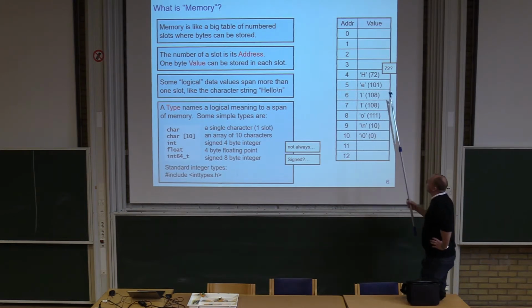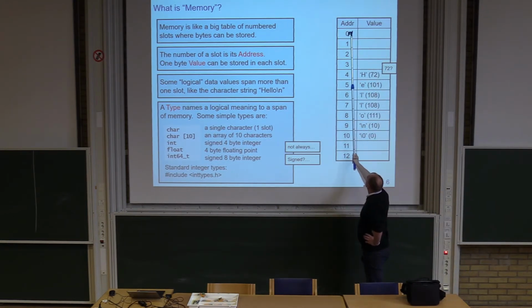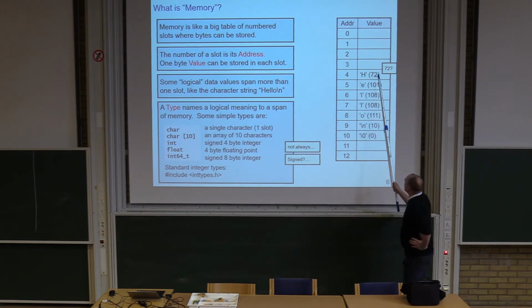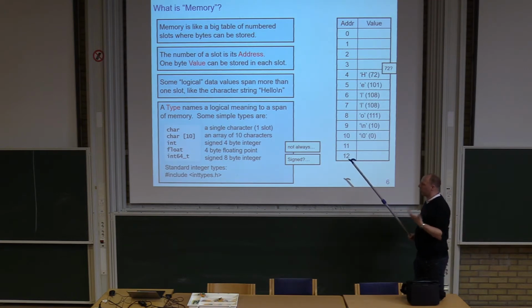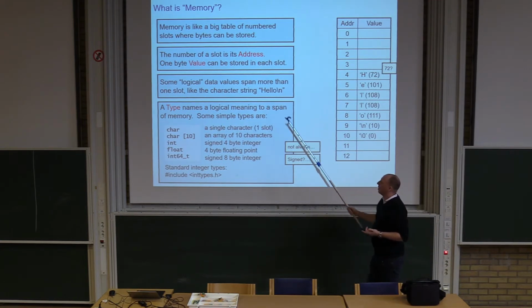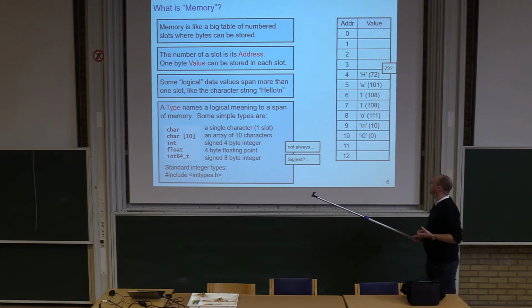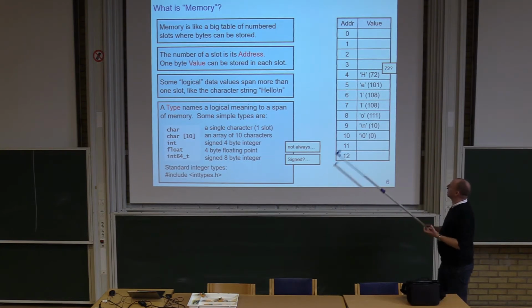Basically this array can contain 1 byte at every location. And for example then, if you need to store a string, it will span several different bytes here in memory.